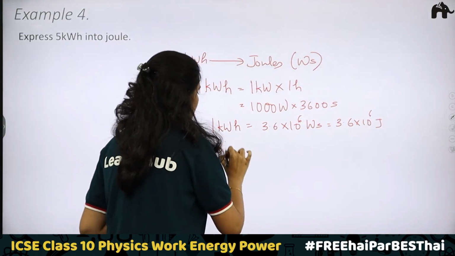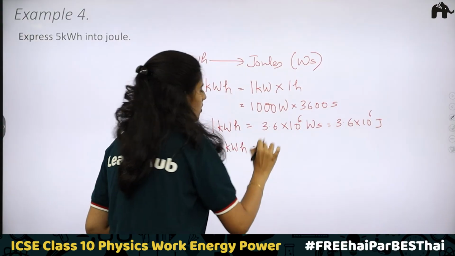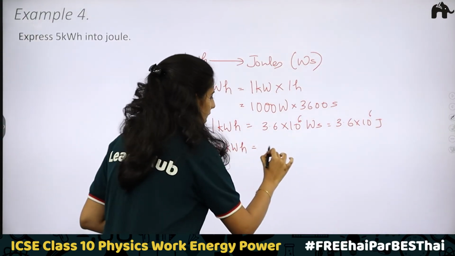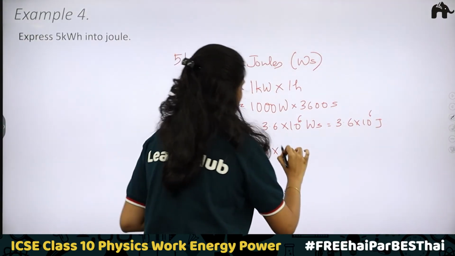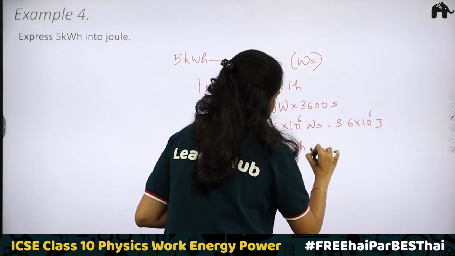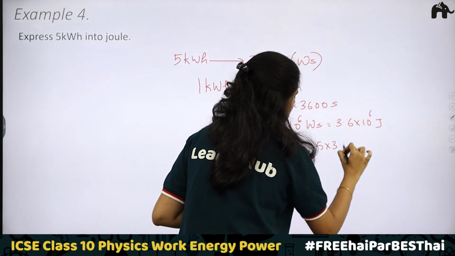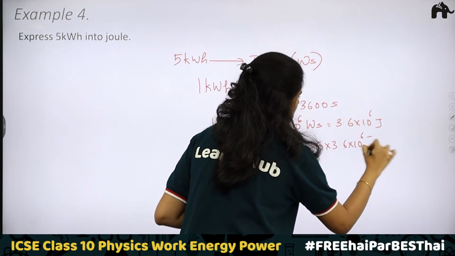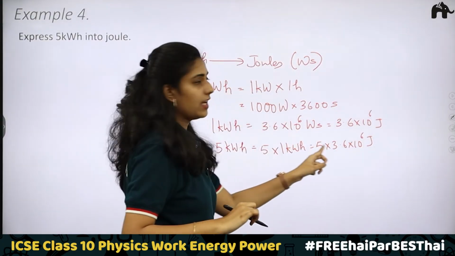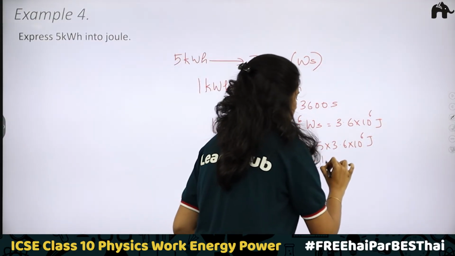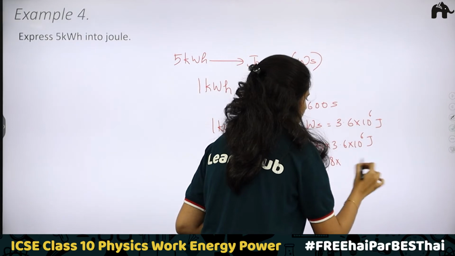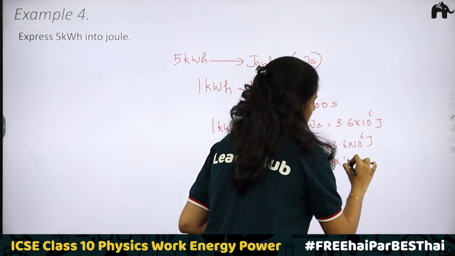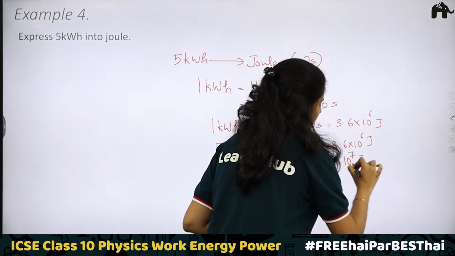Now we need 5 kilowatt hour. How to get 5 kilowatt hour? 5 into 1 kilowatt hour, which is 5 into 3.6 into 10 raised to 6 joules. 5 into 3.6 is 18, that is 1.8 into 10. Now this 10 and 10 raised to 6 when multiplied, we get 10 raised to 7 joules.